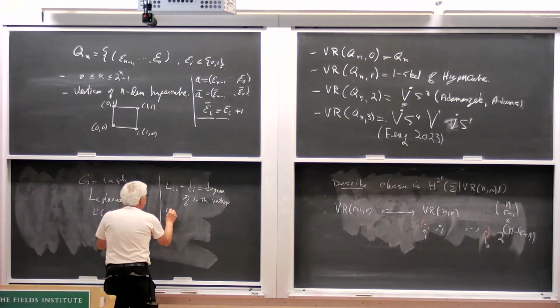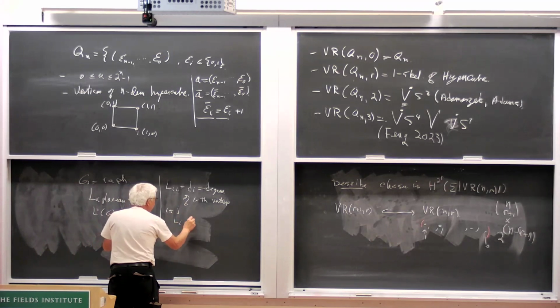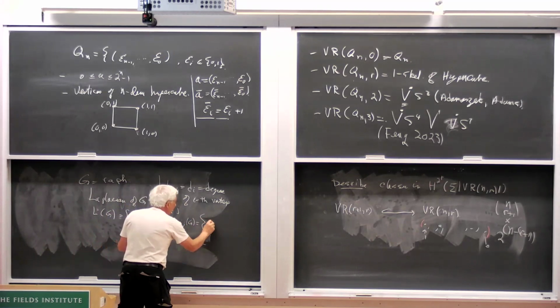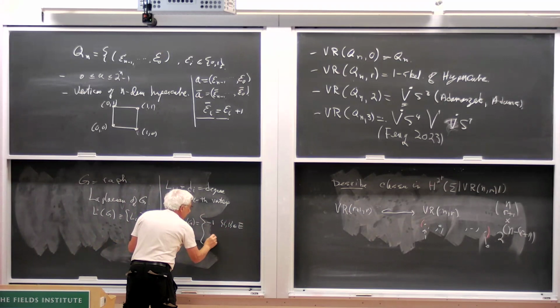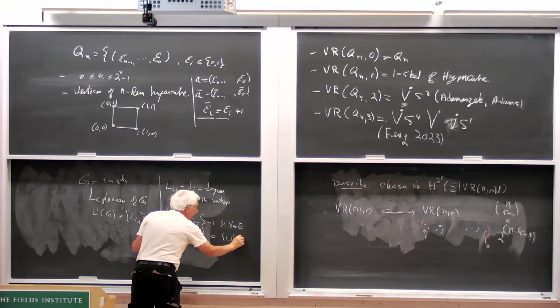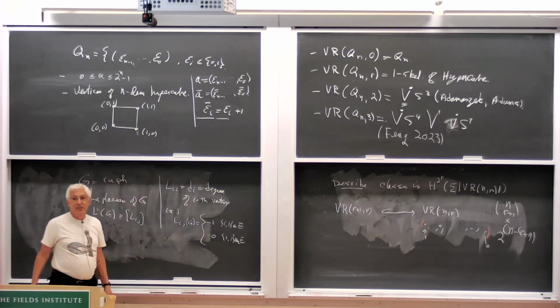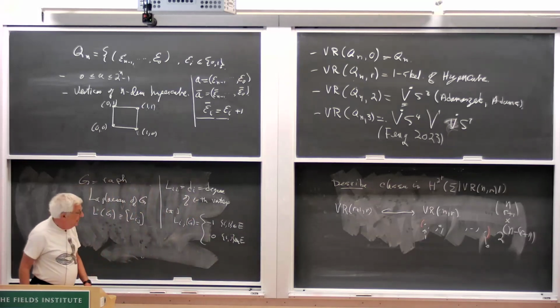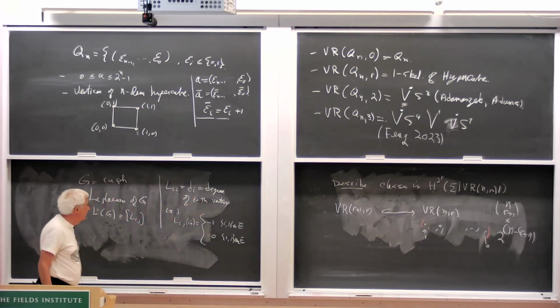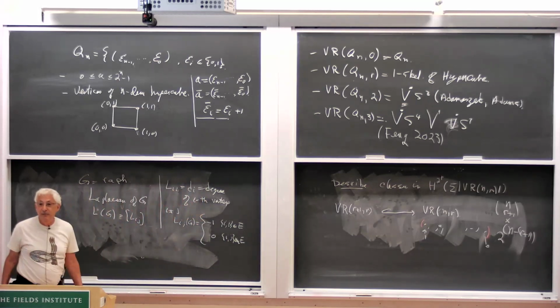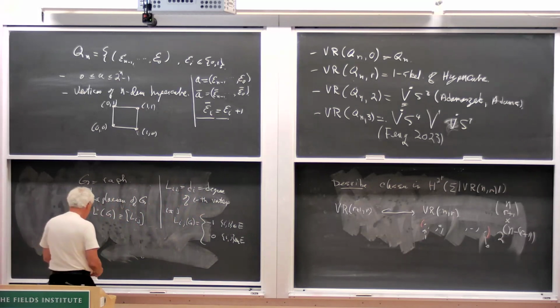If i does not equal j, then L_ij of G is equal to minus 1 if ij is an edge, and 0 if ij is not an edge. That's the Laplacian matrix. Why are we interested in that? Well, I'll tell you why we're interested, but I need some more terminology before I can tell you why I'm actually interested.